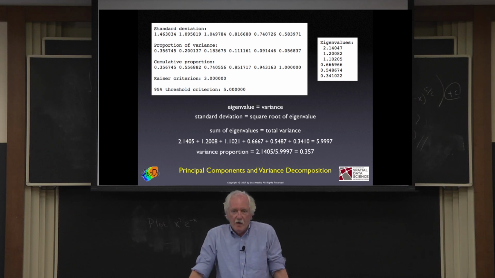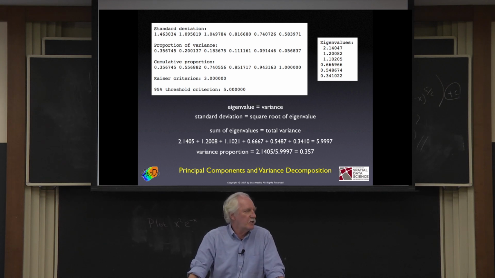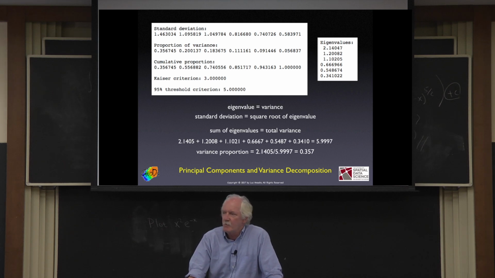And then we can make it cumulative, and we see how many principal components we need to explain X% of the original variables. And as I mentioned before, typically by the time you're at the third one, you're up to 90% of the variance explained.